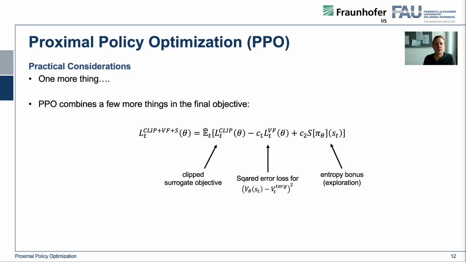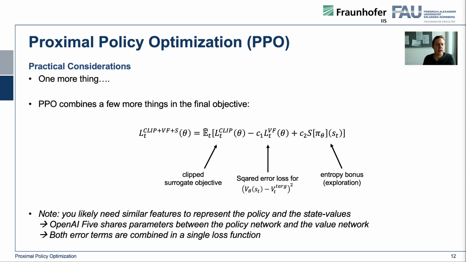And the question is, why do we do this in a combined loss function? The nice idea is that optimizing all these things requires similar features. You require similar features to represent your policy network and also to represent your value function.